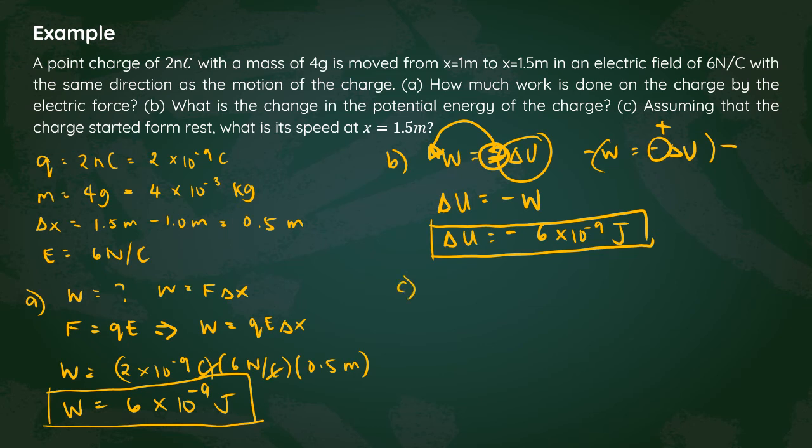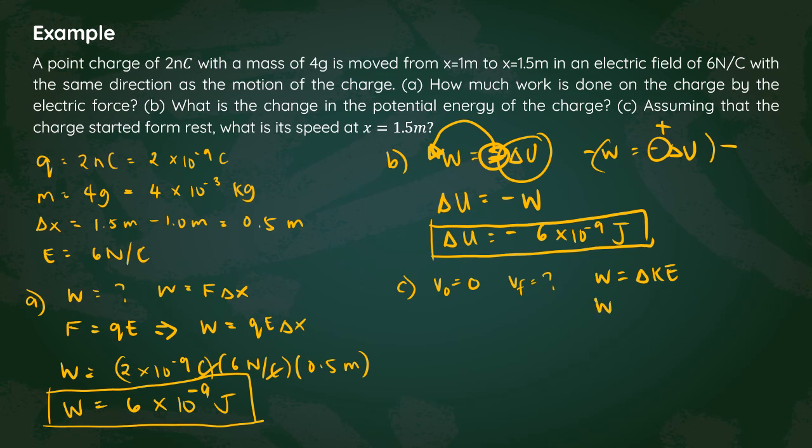Now for C, assuming that the charge started from rest, what is its speed at 1.5 meters? So our initial velocity will be 0 since it started from rest, and we are to solve for its final velocity. Now, how do we solve for that? We know that your work is equal to the total change in kinetic energy, according to the law of conservation of energy.